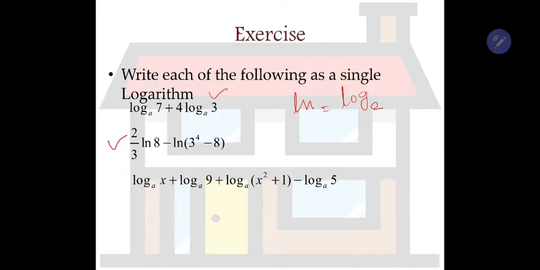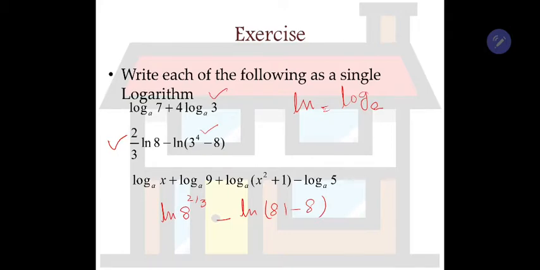Therefore, according to one of the properties of logarithm that we discussed, the 2 over 3 should become the power of 8. And then we have log, and now we are going to solve this thing inside the bracket. 3 to the power 4 is 81 minus 8, and 81 minus 8 is going to give you 73.